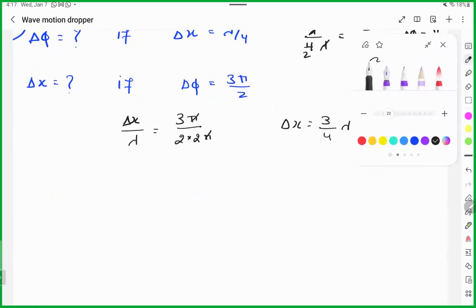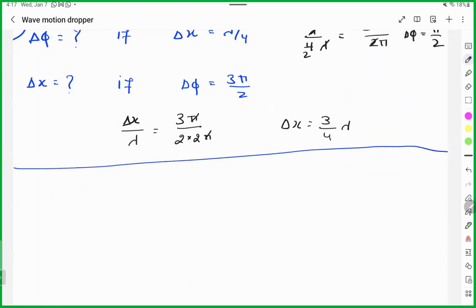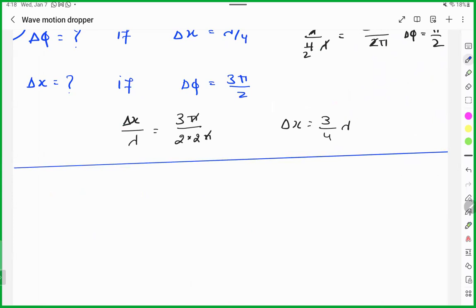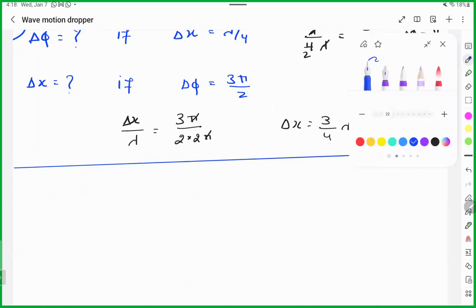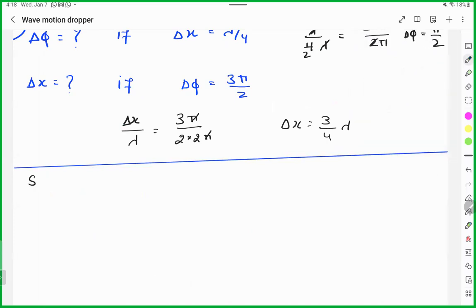So based on this, you can compare the SHM equation with these two, and things will be exactly the same. For example, in SHM we did three things. If you calculate any displacement, it will be A sine omega t.